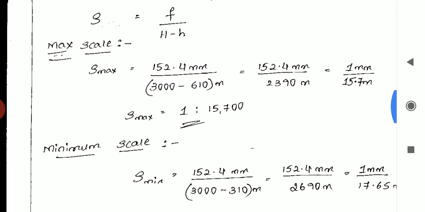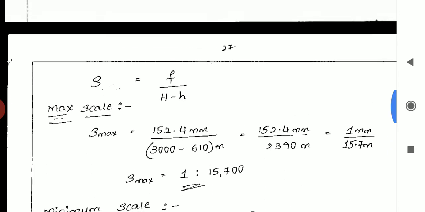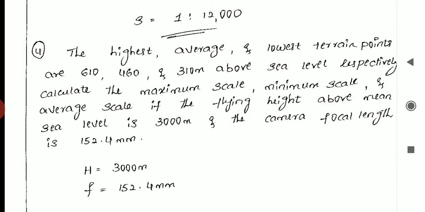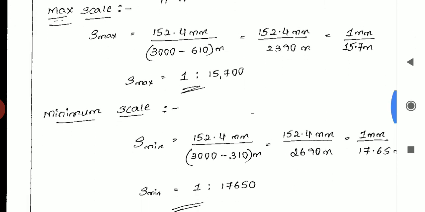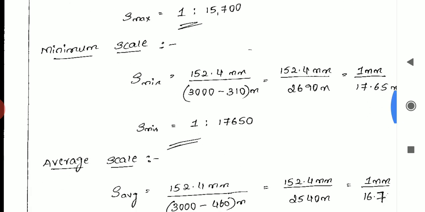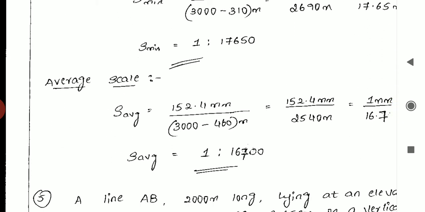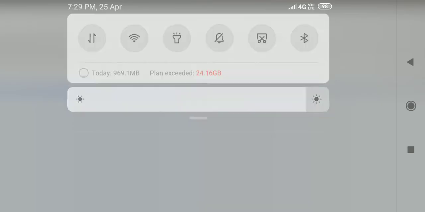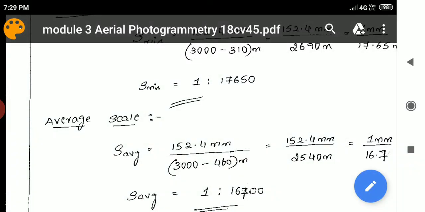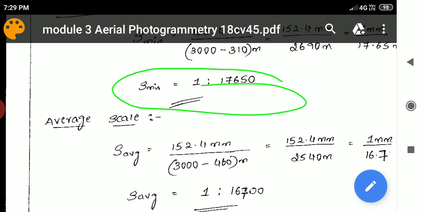So by using the maximum terrain point we will get S max, by using the minimum value we will get S min, and by using the average value we will get S average. After you get the scale, you have to mention it like this, 1 to that ratio.